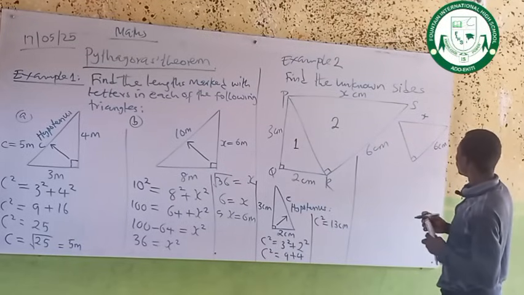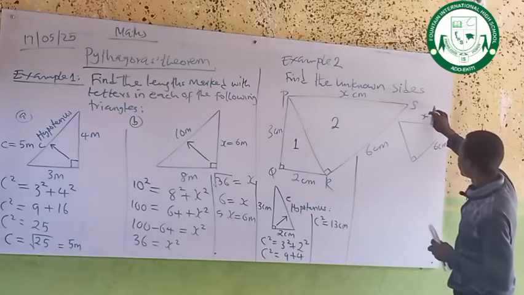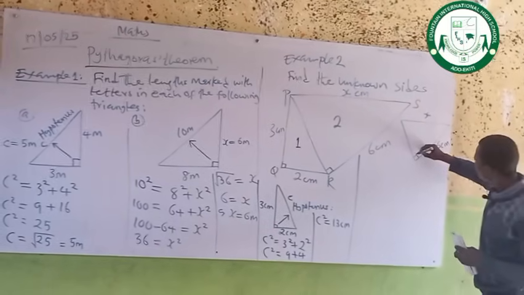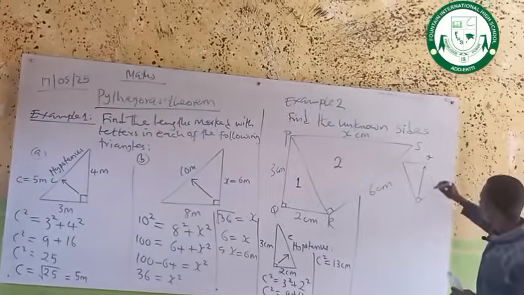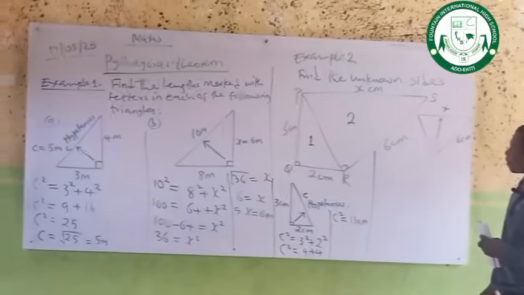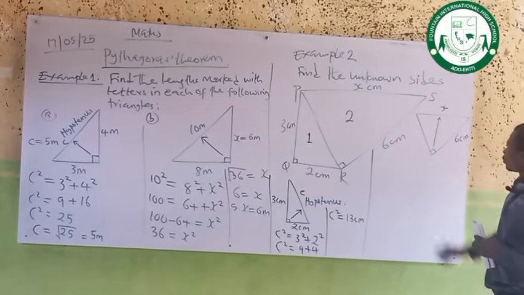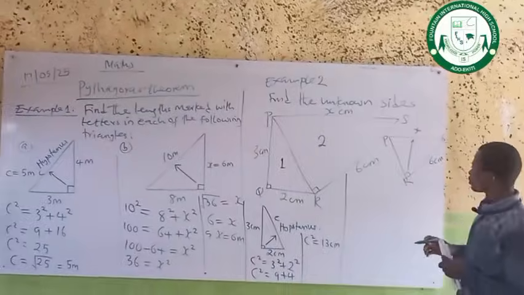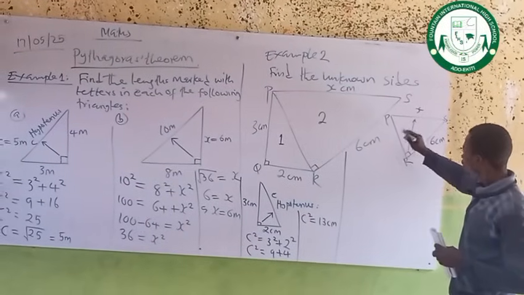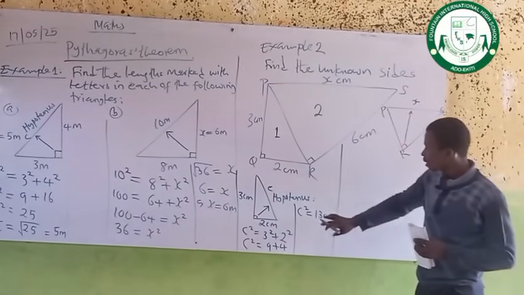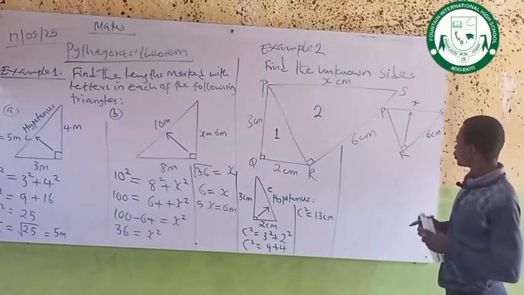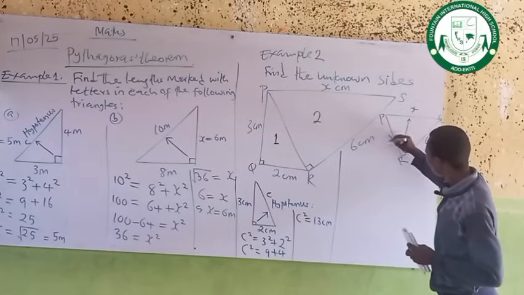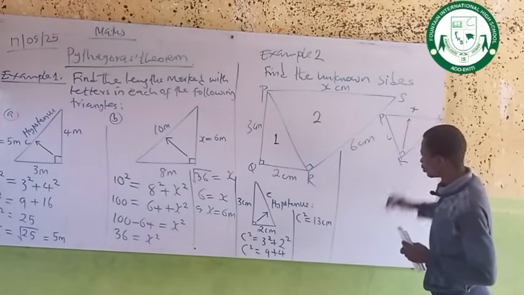So we are calculating the value of x, and x is facing this right angle triangle, making it the hypotenuse. Don't forget, we have calculated the value of PR. We have gotten PR squared to be 13 centimeter. So let me put a letter in this place. Let's put C in this place because we are already C here.